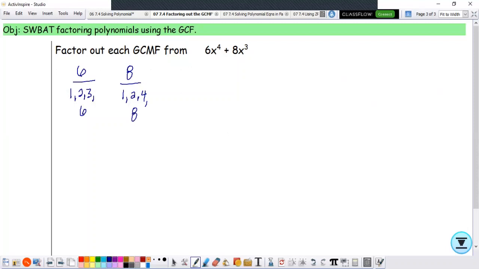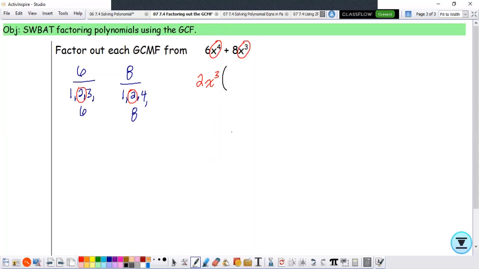And the greatest common factor of 6 and 8 is 2. So we're going to have a 2. When I look at the variables, the greatest number of x's that they have in common is 3 of them. So my greatest common monomial factor is 2x to the third.